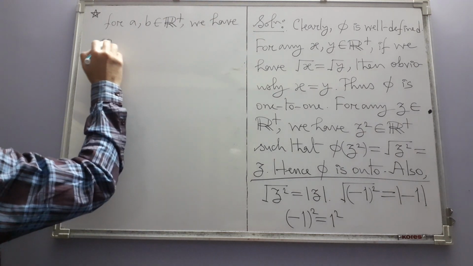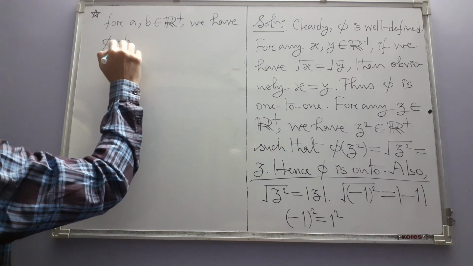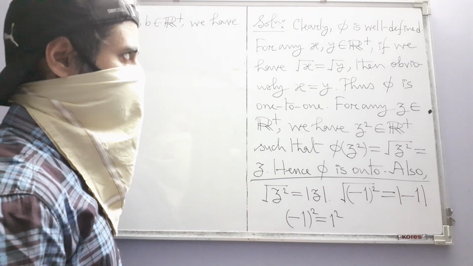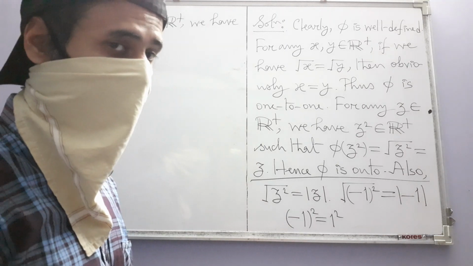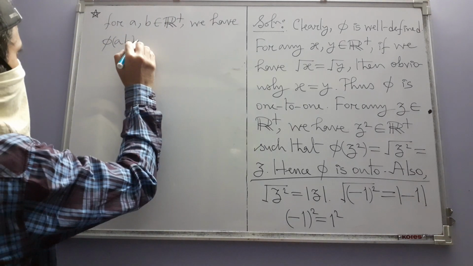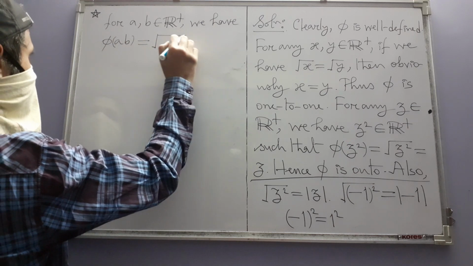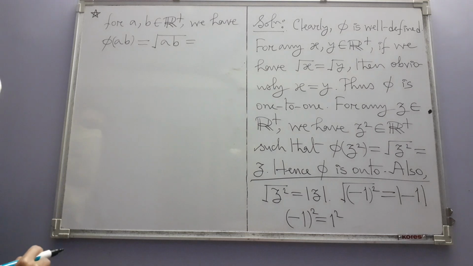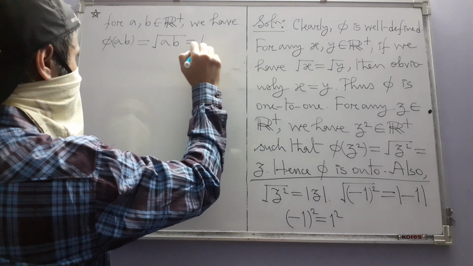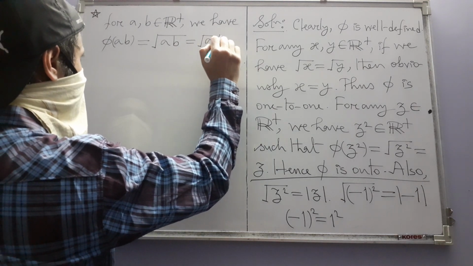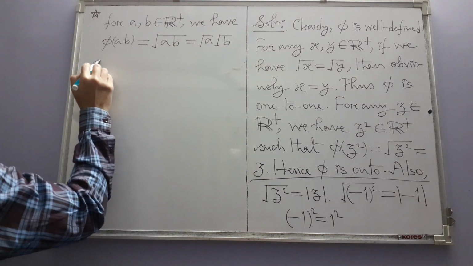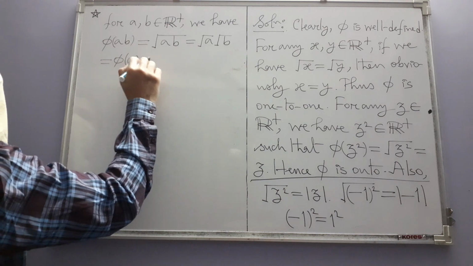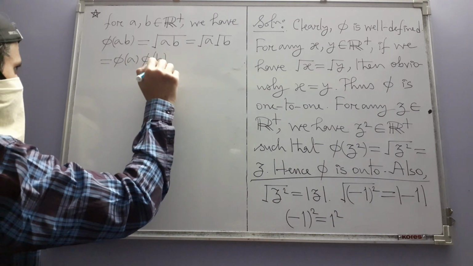we have phi of AB. Why do we take AB here? That's because our binary operation is multiplication of real numbers, not addition. But we already know from elementary properties of radicals that this is equal to square root of A times square root of B. So that's it.